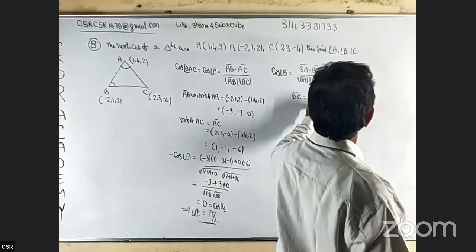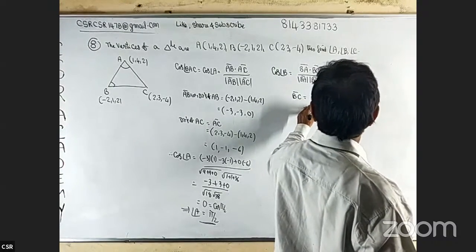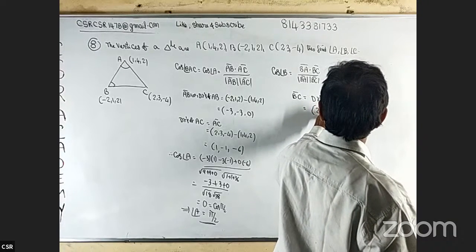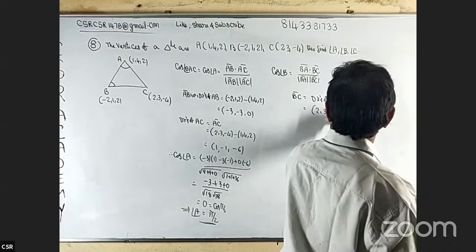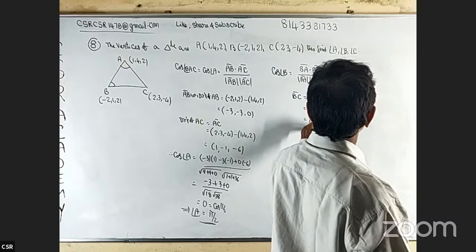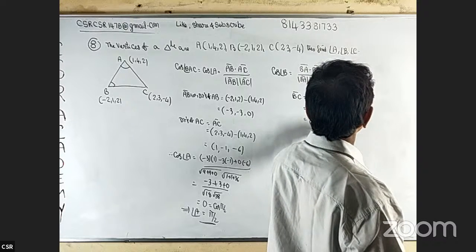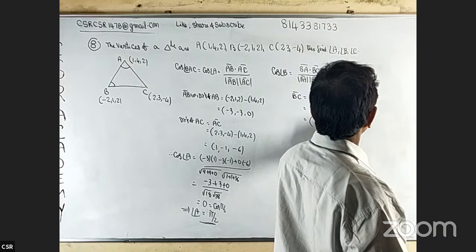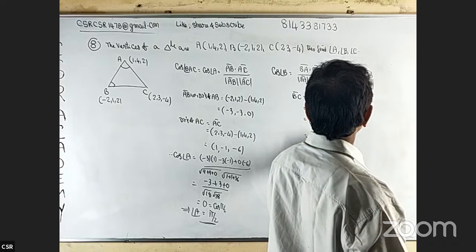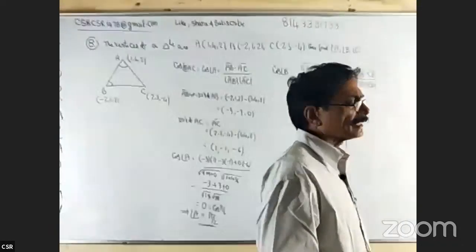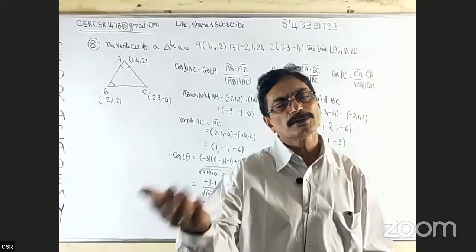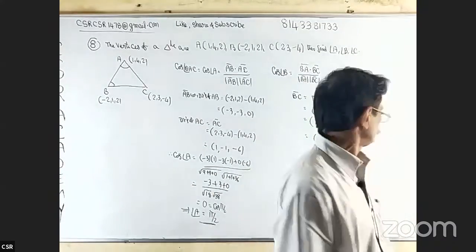Direction ratios of BC: C point minus B point. 2 plus 2, which is 4; 3 minus 1, which is 2; minus 4 minus 2, which is minus 6. Cancel 2: 2, 1, minus 3. In coordinates we don't cancel, but in direction ratios and cosines we can cancel, no problem.